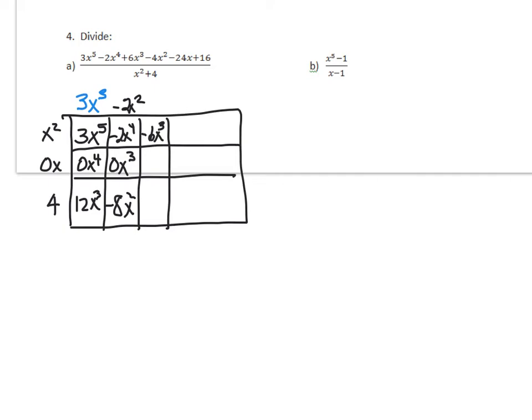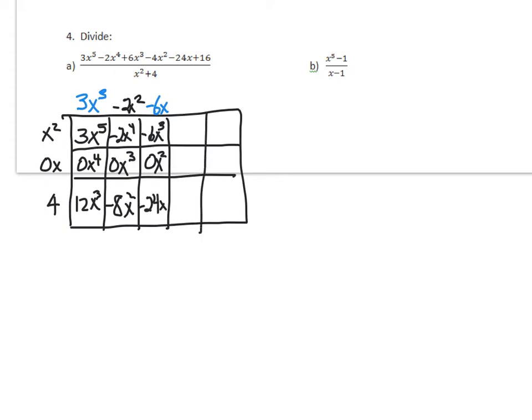What do I need to multiply x squared by to get negative 6x to the third? That'll be a negative 6x. Negative 6x times x squared is negative 6x to the third. Negative 6x times 0x is 0x squared. Negative 6x times 4 is negative 24x.